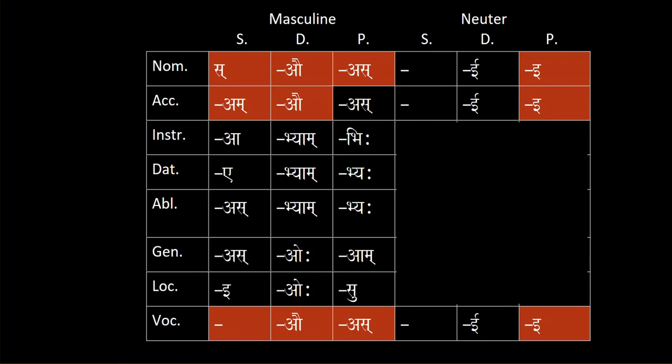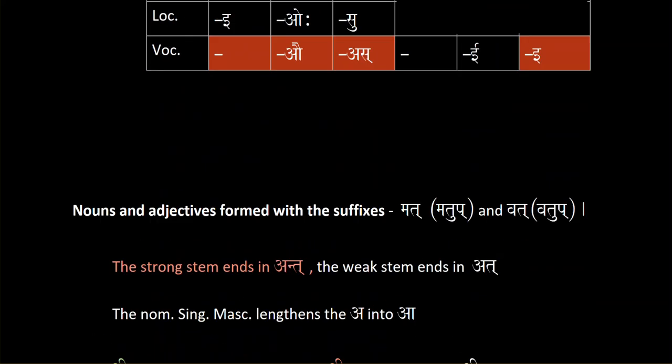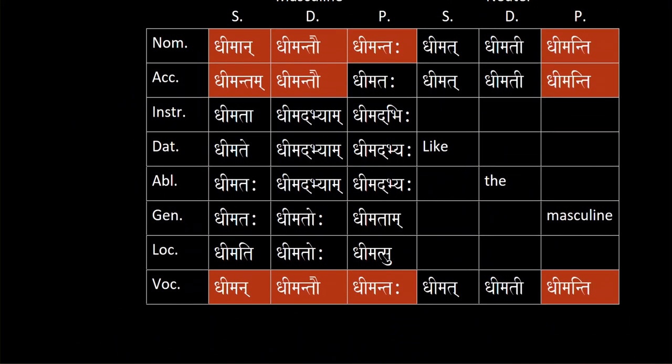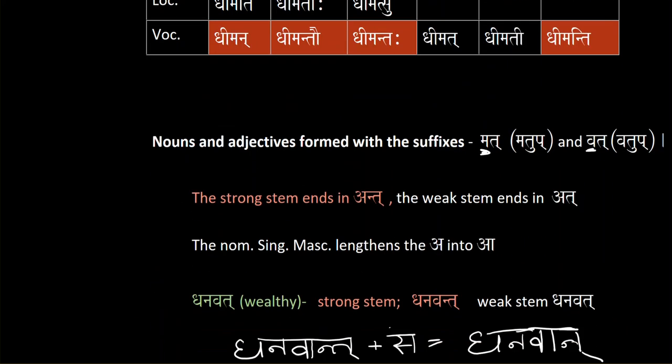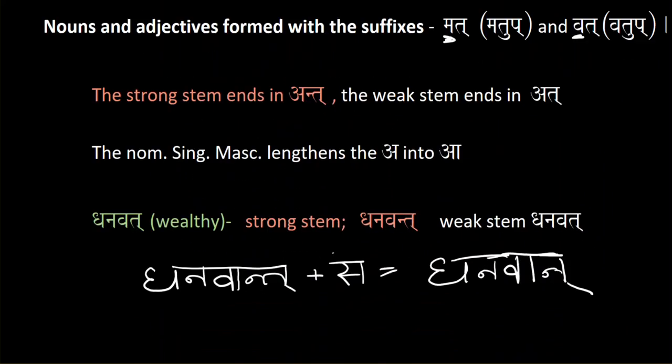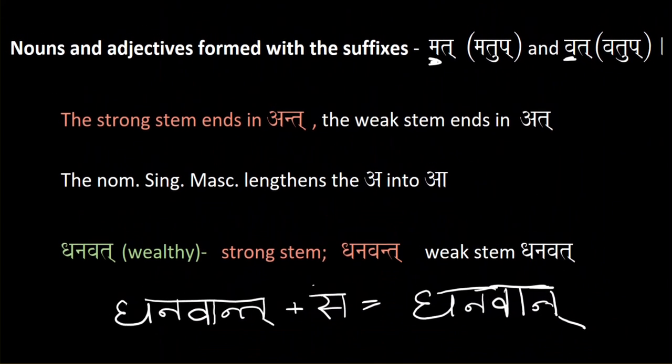So it's the same case endings, the same rules. The only thing is that you have a different suffix, and that's vat instead. And you still have to consider the sandhi. And now for the nominative singular masculine, it lengthens the a into long a. So we have it here.